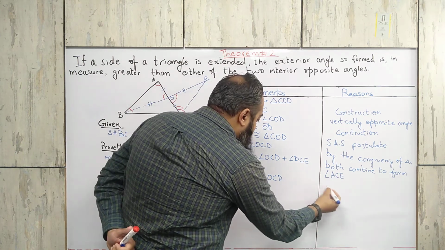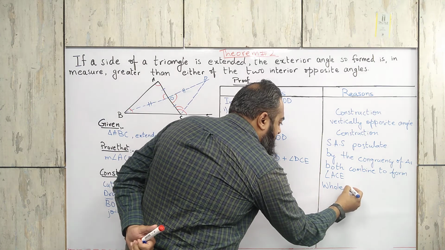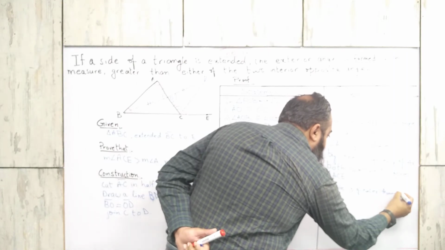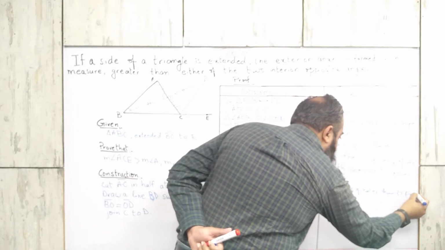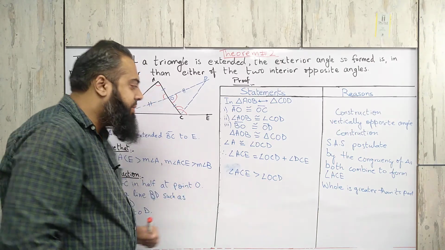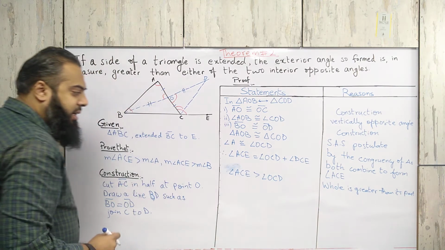And the reason behind that is the whole is greater than its part. The whole is greater than its part, therefore angle ACE will be greater than angle OCD.